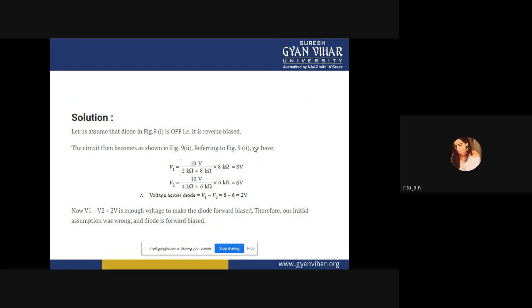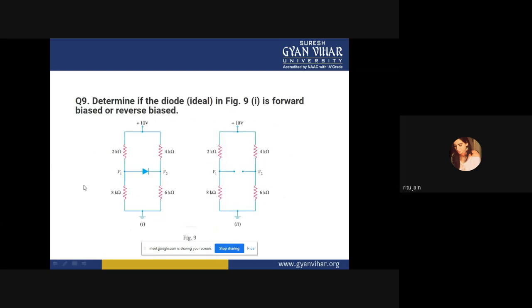The total voltage of this circuit: at this terminal, the voltage is 10 volt, and at this terminal, the voltage is 0. When this is an open circuit, these two branches are in parallel. By applying the voltage division rule, you can easily calculate the voltage.